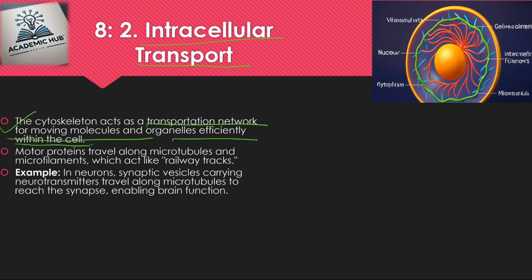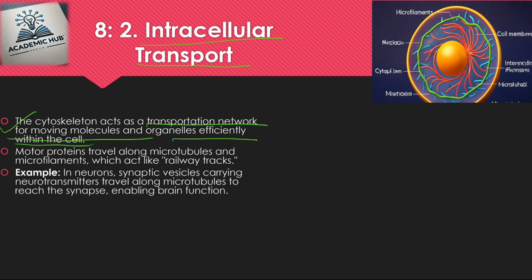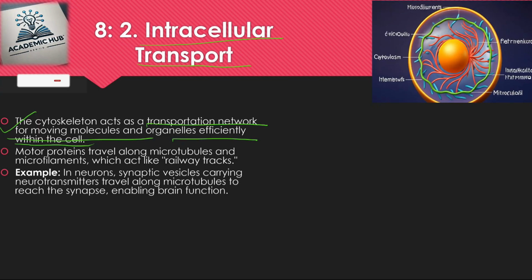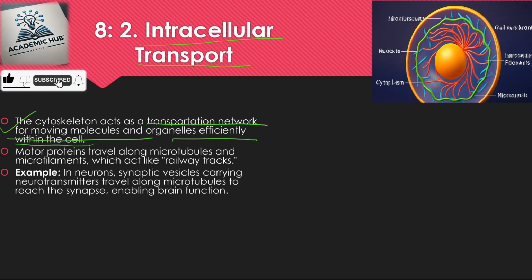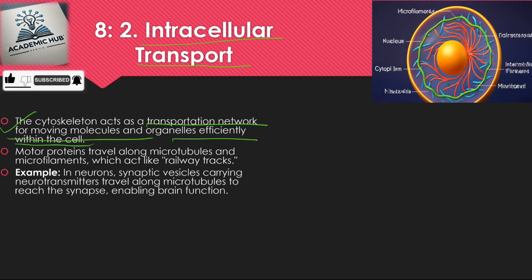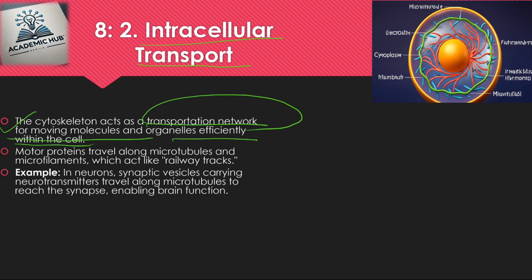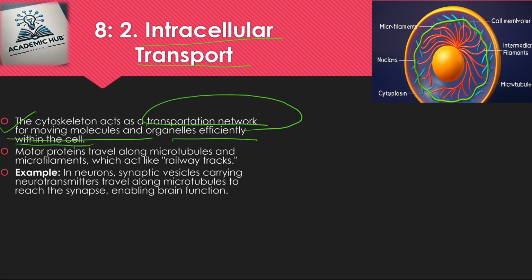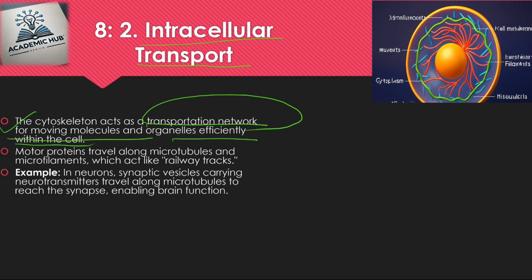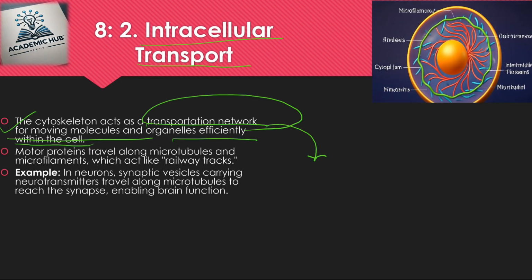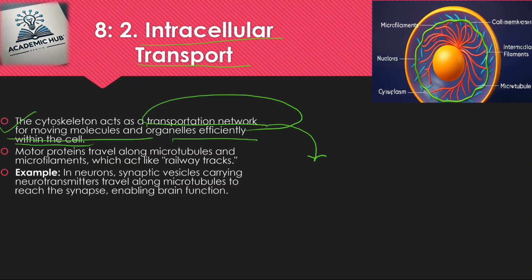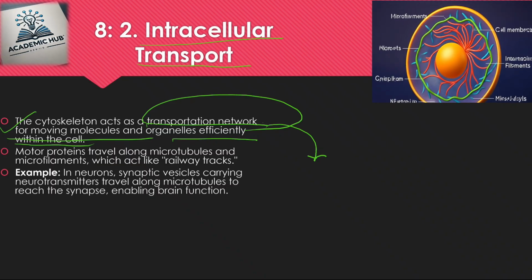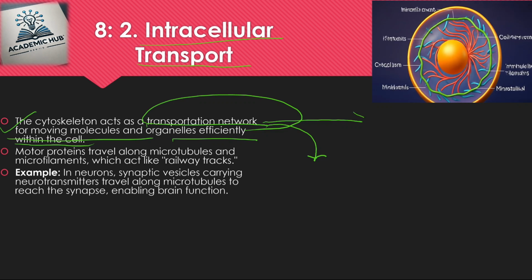Cells need to move molecules and organelles to different locations for proper function. That's why it is known as a transportation network.